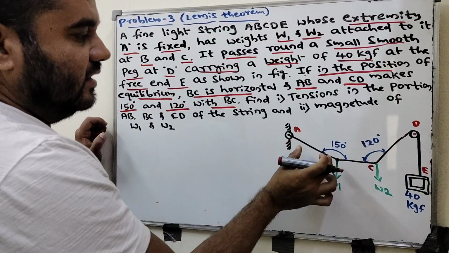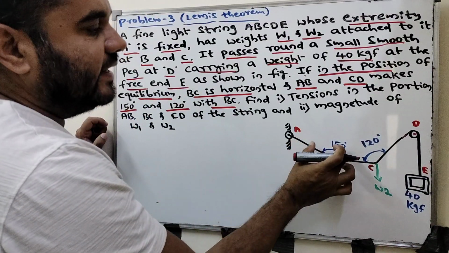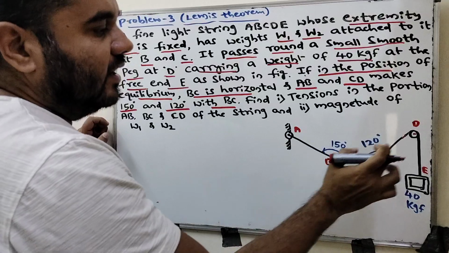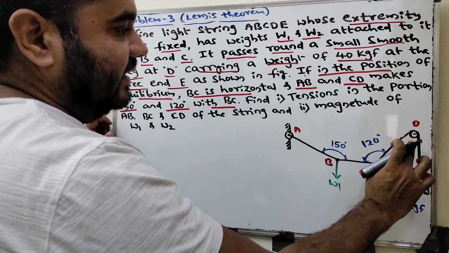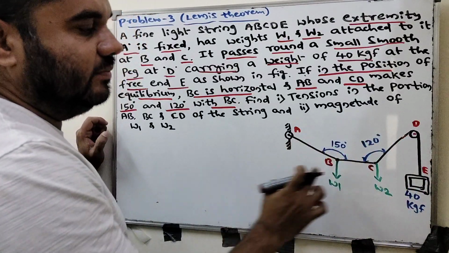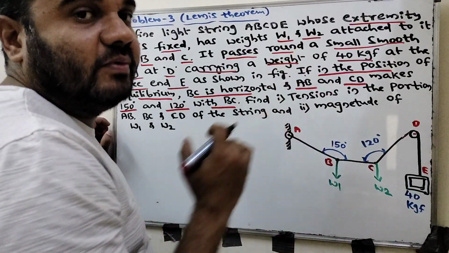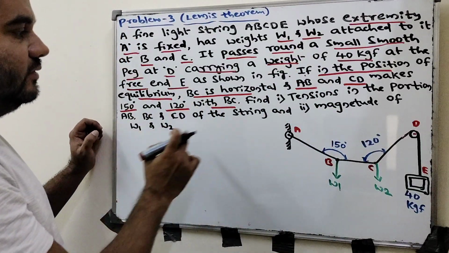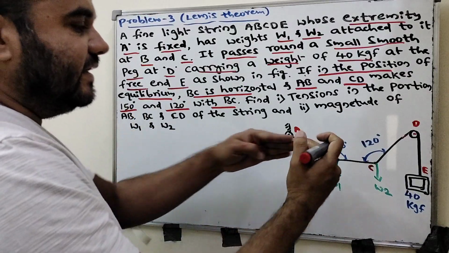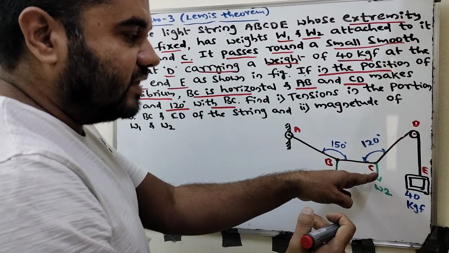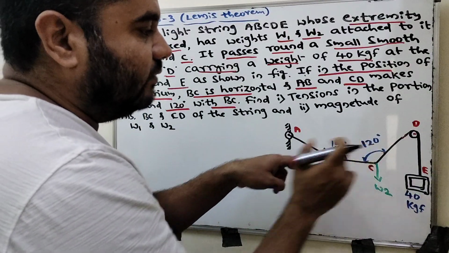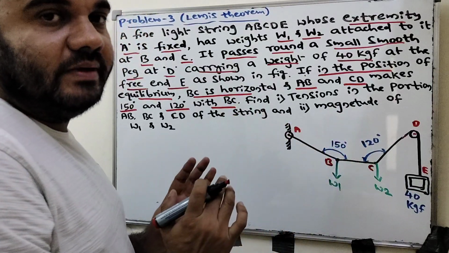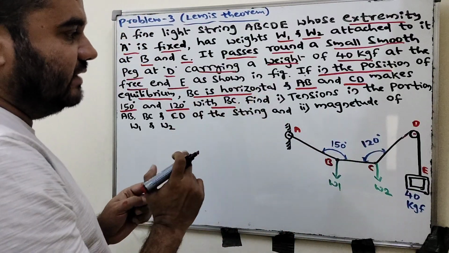So AB makes 150 degrees with the horizontal, and CD makes 120 degrees with the horizontal BC. This is the equilibrium condition. When BC is horizontal and these two angles are 150 and 120, then the string will be in equilibrium. That is the point he has given here.